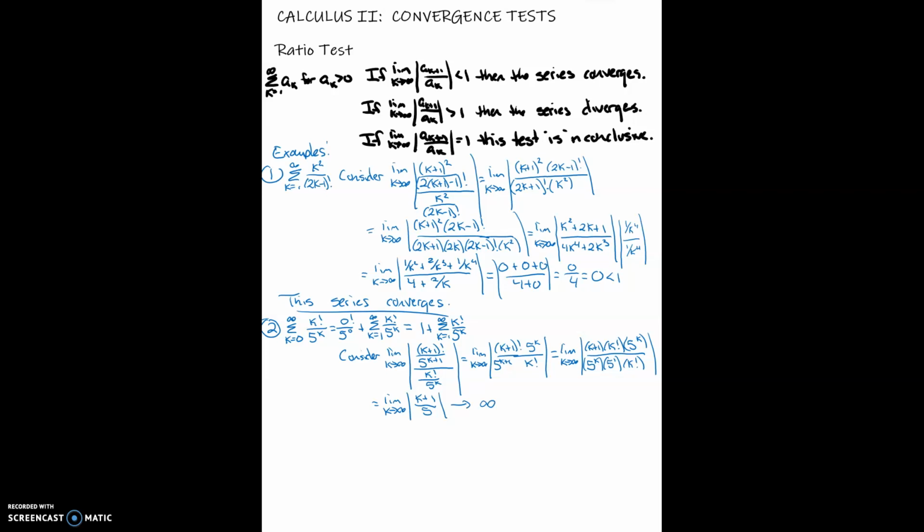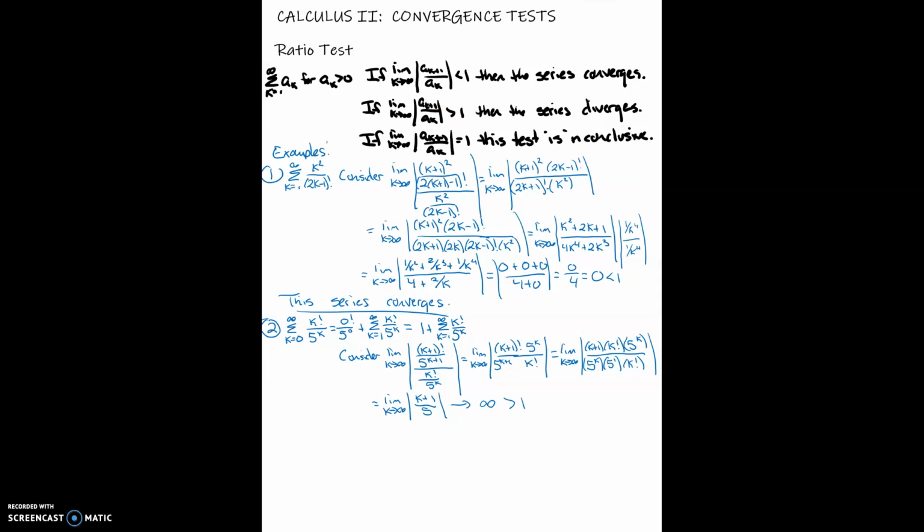Now, if you remember, our original series had that plus 1, so it turns out we're going to add 1 to infinity. That's still really large. In either case, that limit would be definitely greater than 1. And if that limit is greater than 1, it diverges.